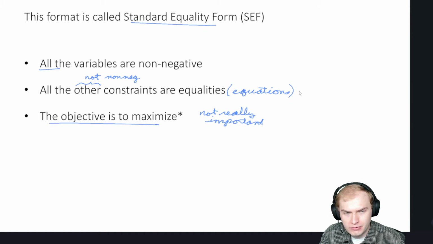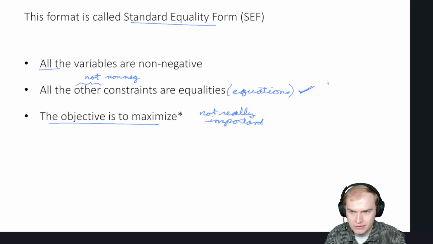So we've discussed how to do the second part. All of the non-negativity constraints are equations. And so we need to discuss quickly how to make sure that all of our variables are non-negative.